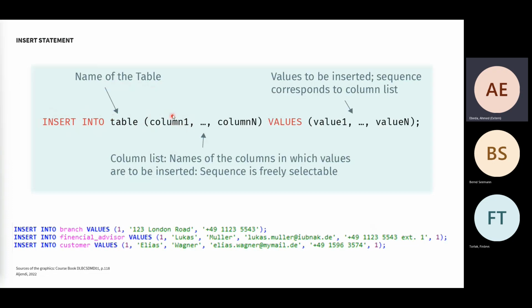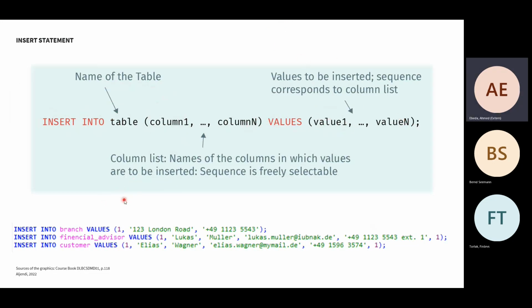For example, column 1, column 2, column 3, however many columns you want to insert into. And then values, and then you add the values you want to add, and the values should be of the same data type as the column. So you are adding the column names and the values which will be added into those columns.